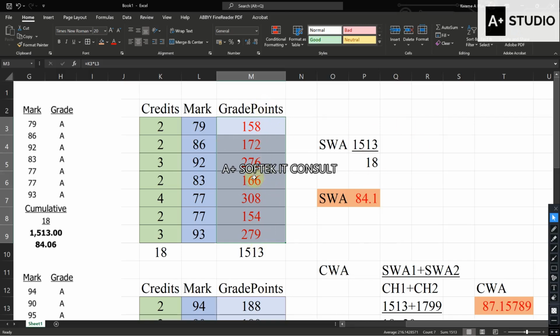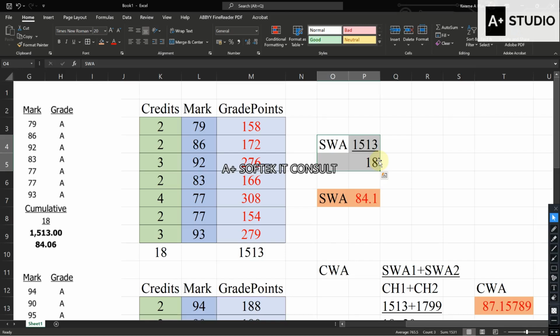So in order for us to find the performance of a student in a semester, we are going to divide the grade point or the weight by the credit hours.